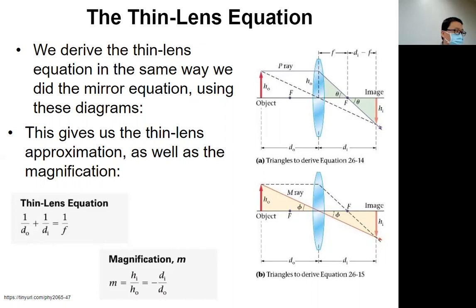F is the focal length. The magnification is defined the same way we did for mirror images. It's equal to the size of the image divided by the size of the object, and that's related to minus DI over DO, okay? All right, so those equations are the same.